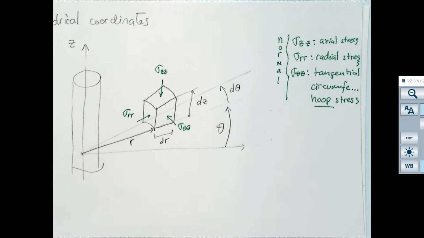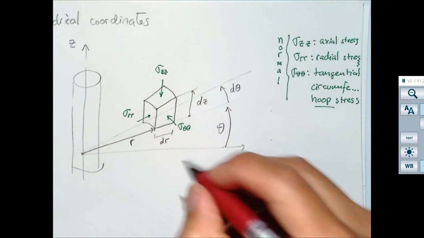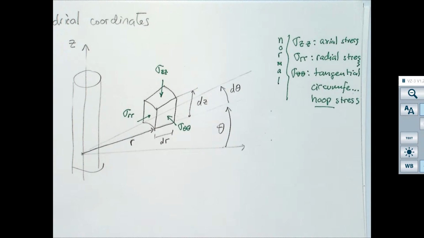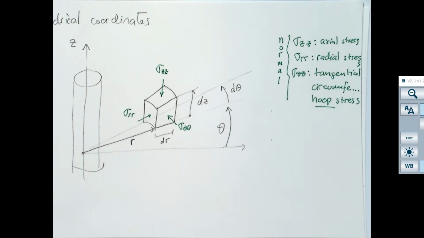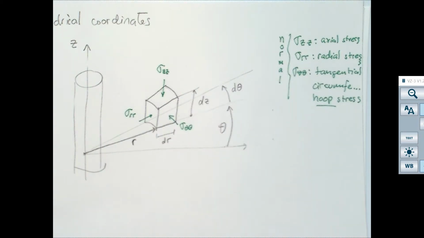The same as with the cube, we're going to have shear stresses. For example, here I'm not going to worry too much about the directions of the arrows, whether positive or negative. I don't want to get into that with the cylindrical coordinate system because we're not going to use it later on.